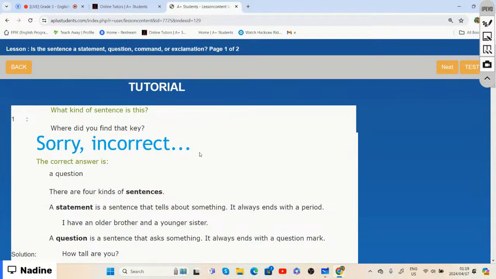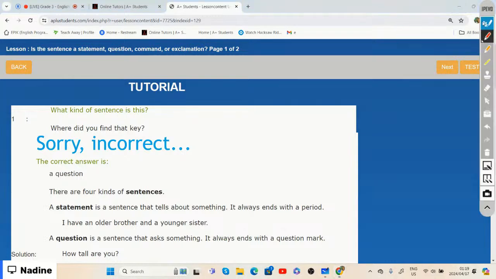All right. So that sentence says, where did you find that key? And we will then say that yes, it is a question that is being asked. So question is correct. And how do we know it's a question? Because it ends with a question mark. It asks something and it ends with a question mark, which means that you're going to have to respond.